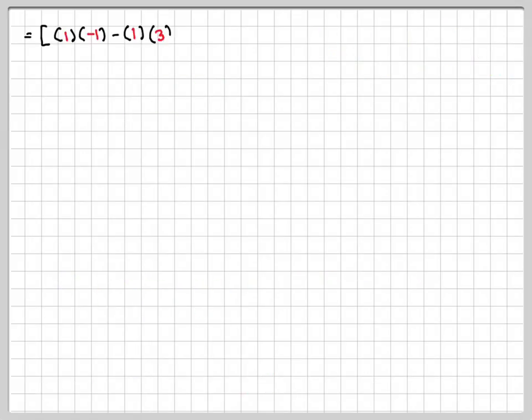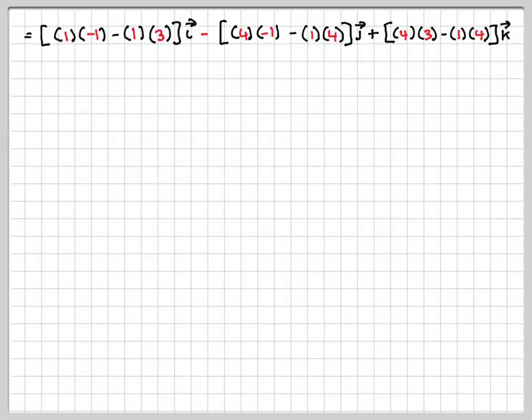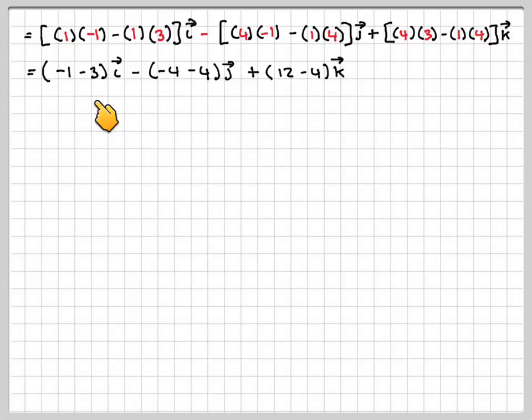Right, so just write that out again. That's going to give me minus 1 minus 3 i, minus 4 minus 4 j, plus 12 minus 4 k. Minus 1 minus 3 gives minus 4, so you need to know your negative numbers.